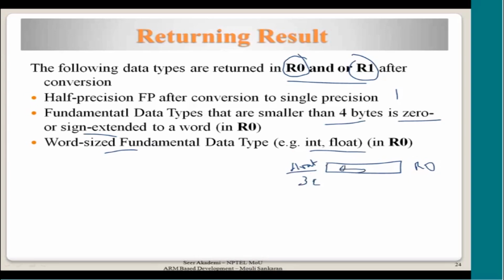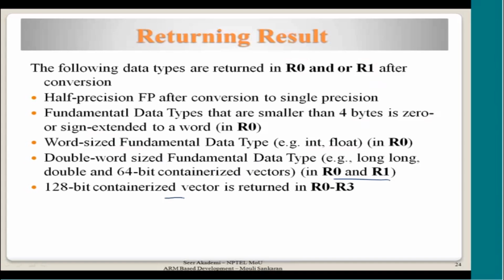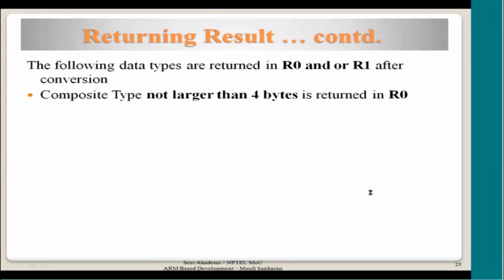A function which uses floating point values can return a value back to the calling routine in register R0 or R1. A double precision value of 64 bits will use both registers, and 128 bits will use all 4 registers.